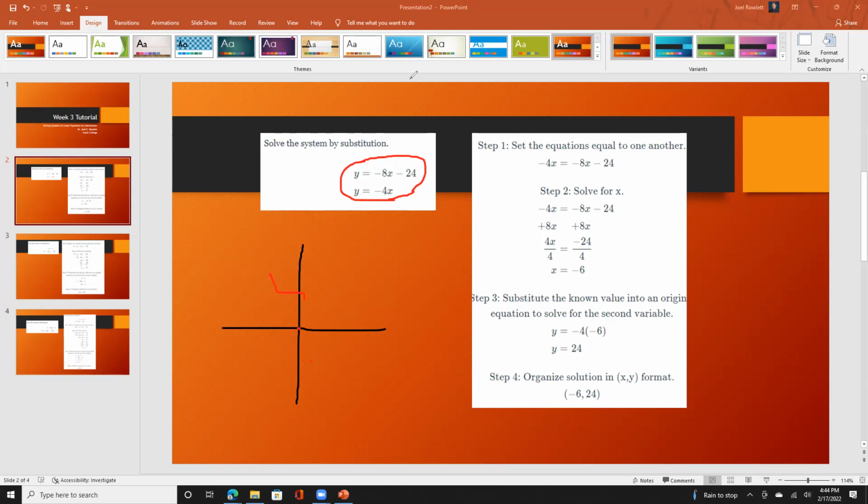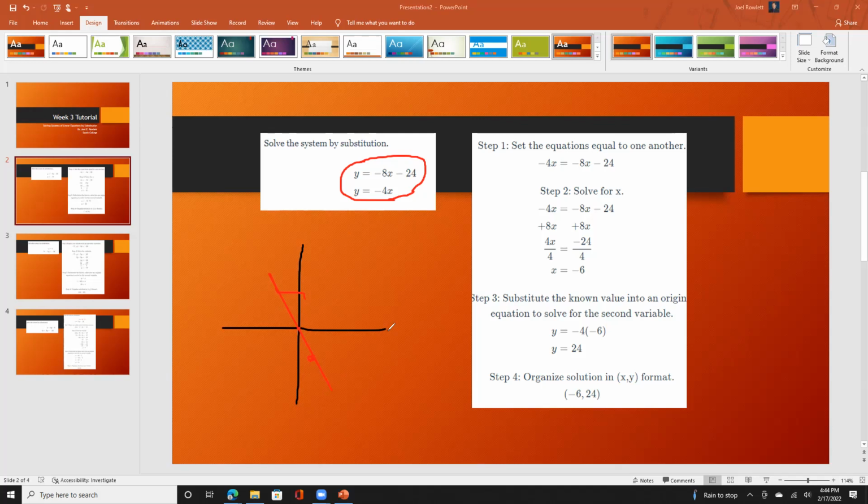Let me try another method here. I missed that point, so I'm going to make it bigger so that it's on the line. This is just an illustration, a sketch of the line y is equal to negative 4x.